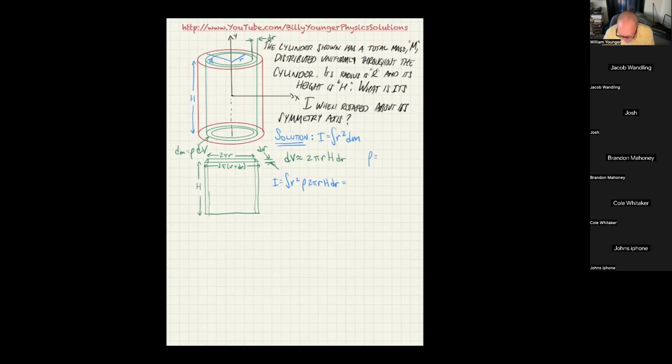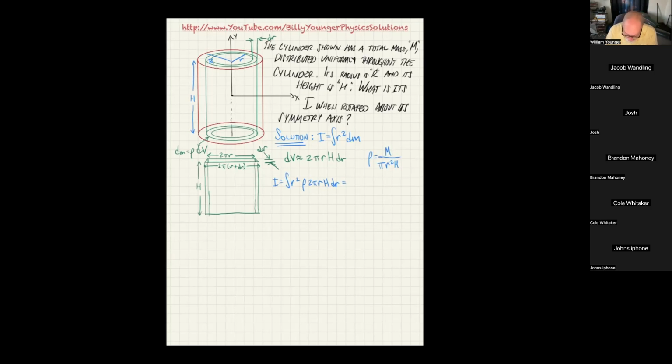Exactly. Well, the other way around, but yes, rho will be m over pi r squared h. So yeah, you were saying it right. You just had it upside down, but that's exactly it. And that's because it's uniformly distributed. And actually, that would be the average density even if it wasn't uniformly distributed. But since they told us it's uniformly distributed, any ratio of mass to volume of any chunk of it that you pulled out would give you that same answer.